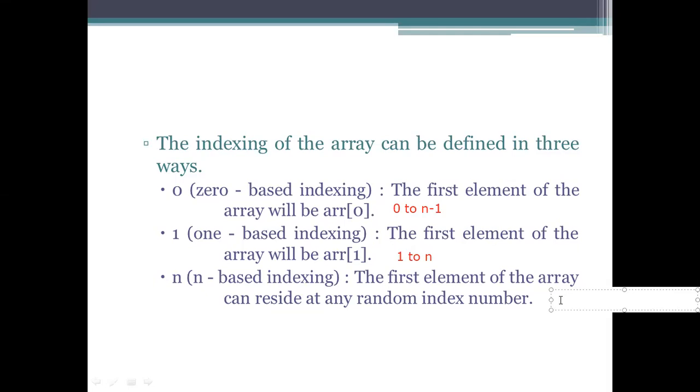The other one is n-based indexing, meaning other than 0 and 1, we can start the processing at 2, or 3, 4, and so on, up to however many elements you want to use.